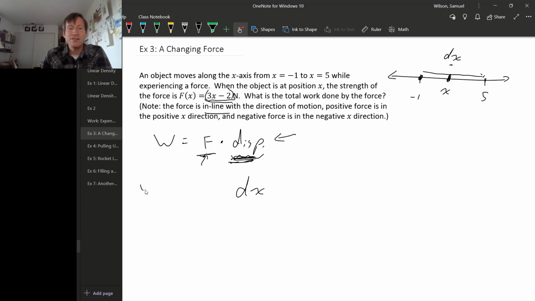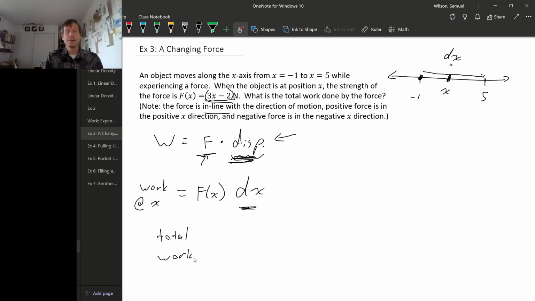What we're going to find is the work that happens at a position x, in other words, the work done by the force as the object moves through the position x. That's the force at position x times the displacement to get through position x, which is dx. Then the total work is going to be the integral of f of x dx, from x equals minus 1 to x equals 5.